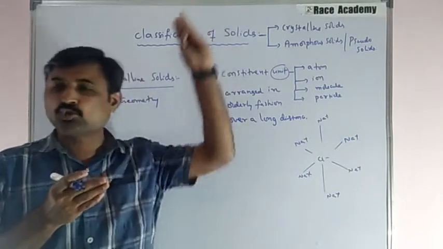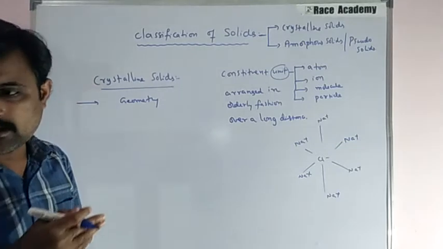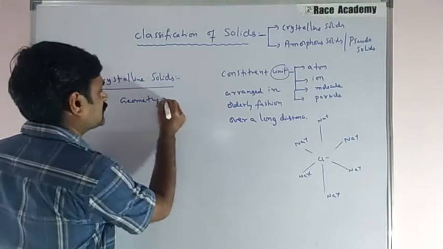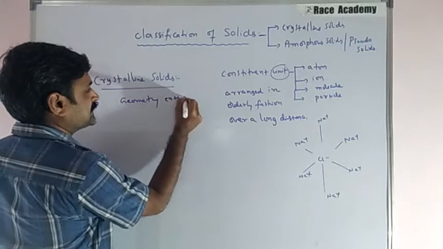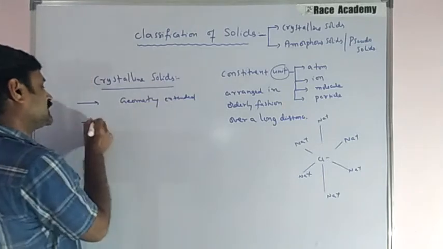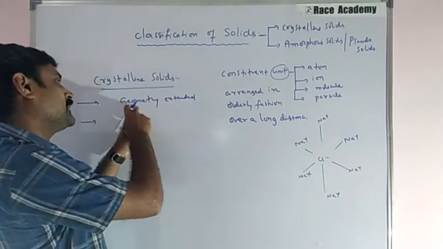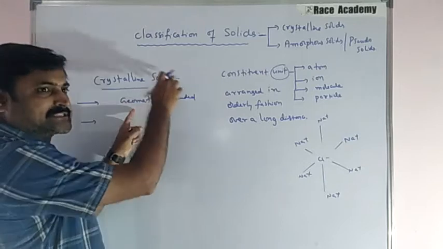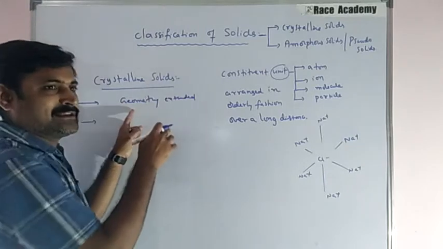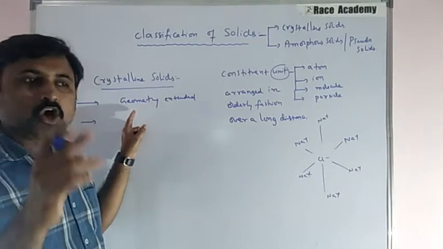definitely extends through the crystal, and that is why it is said to be extended. That extension of this definite geometry in crystalline solids makes their constituent particles long range ordered.